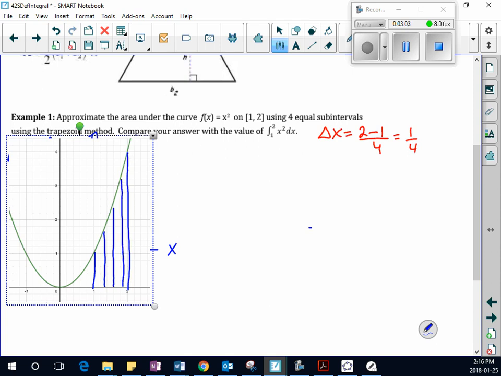Again, mine's going to be rough anyways. Do you see if you were to zoom in on this, this kind of looks like trapezoids, doesn't it? A trapezoid that looks like this.